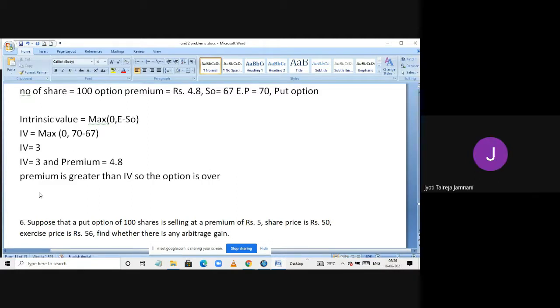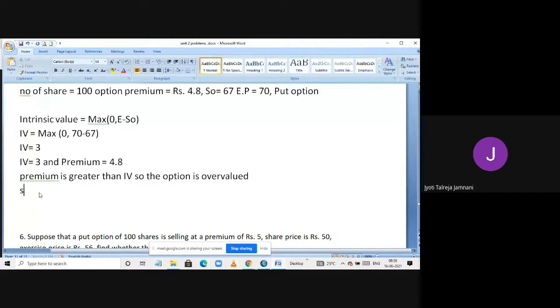Understand, if your gain is less and you're paying more in the form of premium, then you call the option overvalued. If your gain is more but the premium paid is very less, then the option is undervalued. So if it is overvalued, we sell the option. So we are writing here first step, sell the put option. That means you don't want the right, you're giving the right to somebody else.